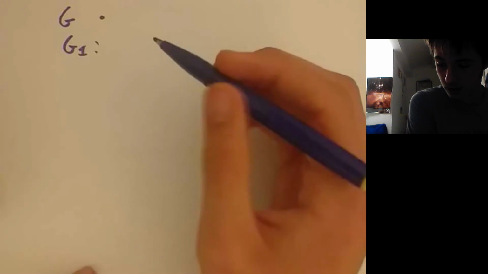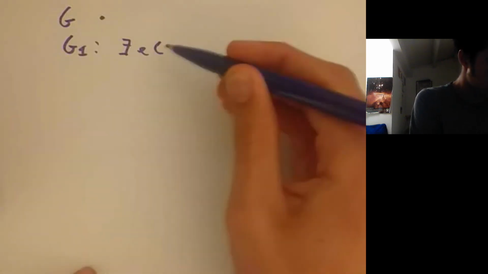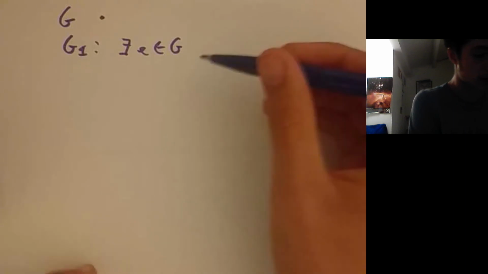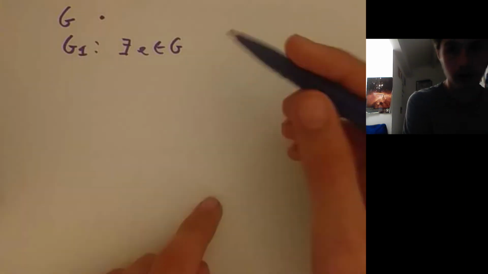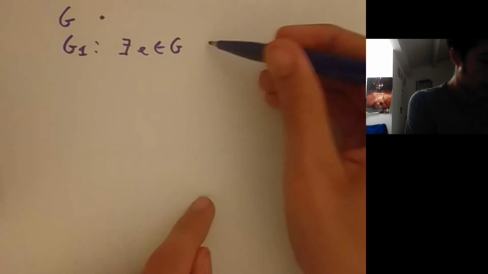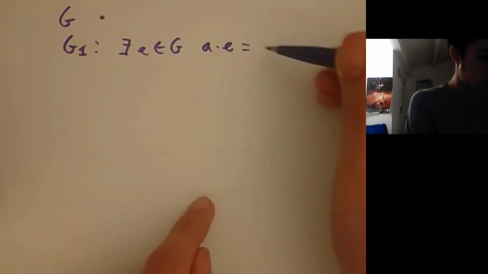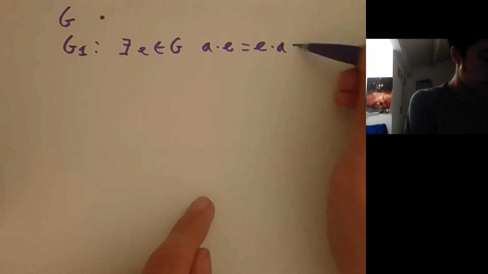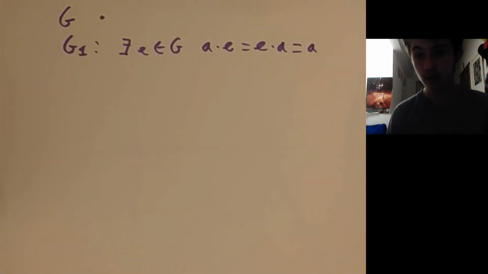The very first one is that there exists some element E inside of this set G, with the property that for a given element A, A times E is equal to E times A, and that's equal to A. So E does nothing.